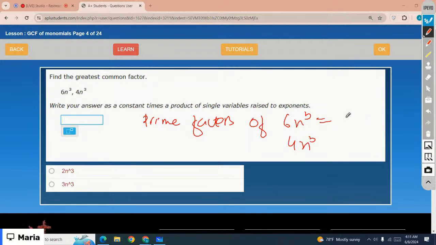So 6n cube is 2 times 3 is 6 and 2 times 2 is 4. So 2 is the common factor and all these n's are common. That would be 2n cube. The correct option is option number 1, that is 2n cube. Got it?